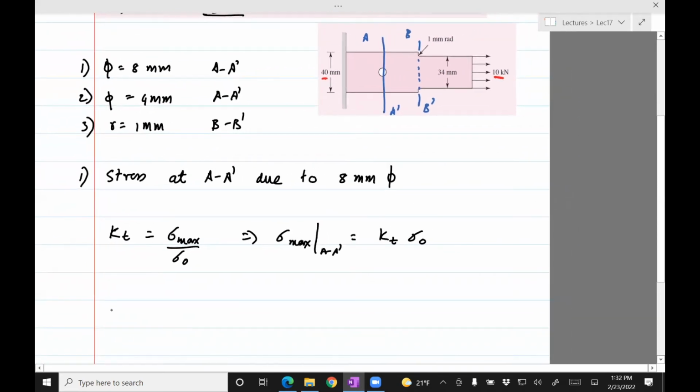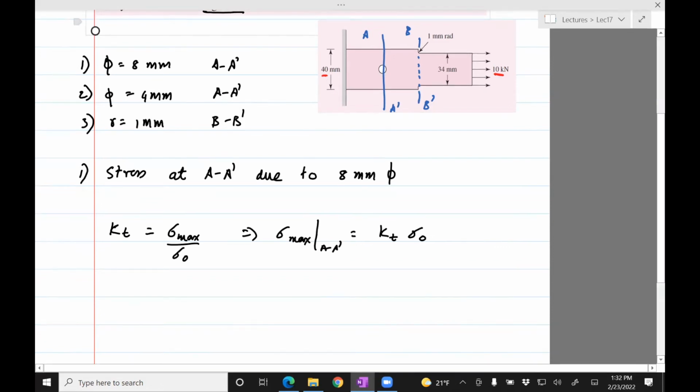Okay, so I need to find sigma 0. The best way to do this is to just look at the corresponding figure in the appendix. It'll give you everything. It'll give you KT, and it'll also give you how to compute sigma 0. If you don't know how to compute sigma 0, you can use that formula I just told you about. It's P divided by W minus D times T, which is also in that. What I did was take a screenshot of that table.